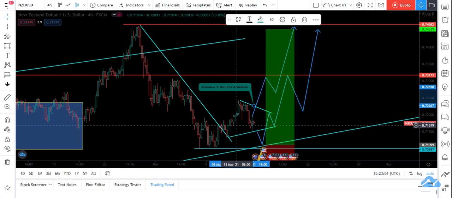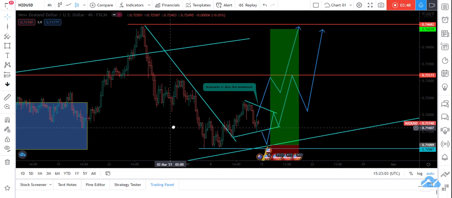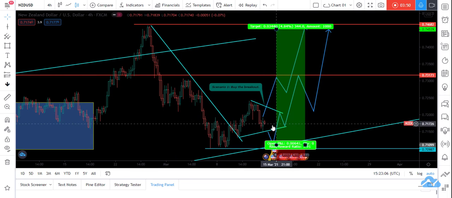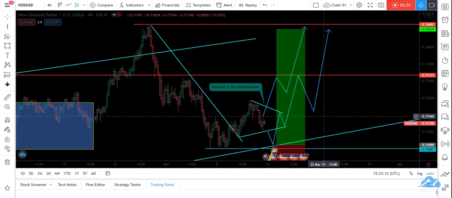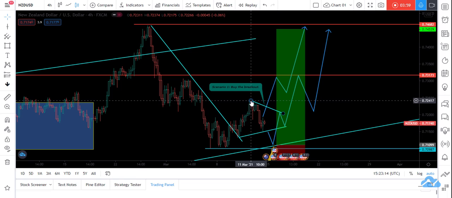So what do we do? Since the price is majorly in an uptrend, we're going to look to buy. And what better area to buy if you're going to buy the dip?